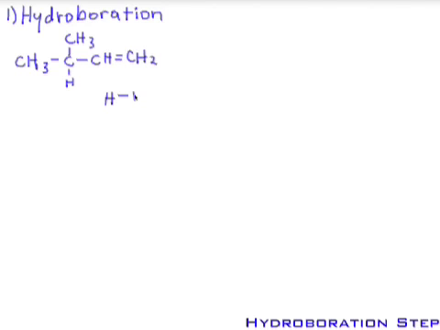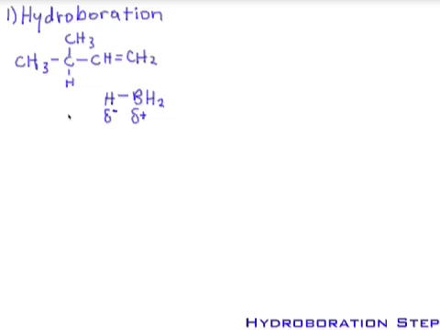So here's our BH3. There is a delta plus on the boron and a delta minus on the hydrogen. Furthermore, the boron has an empty orbital that can accept electrons.